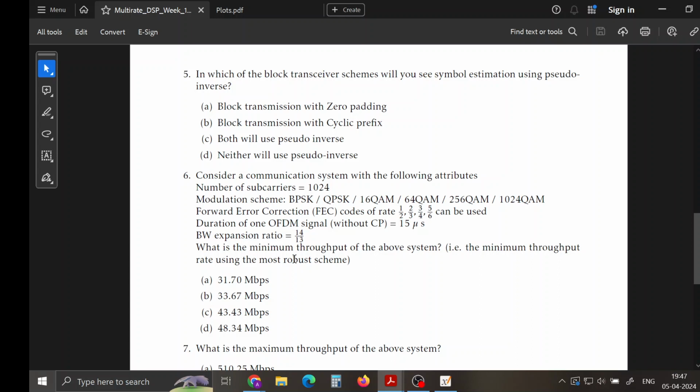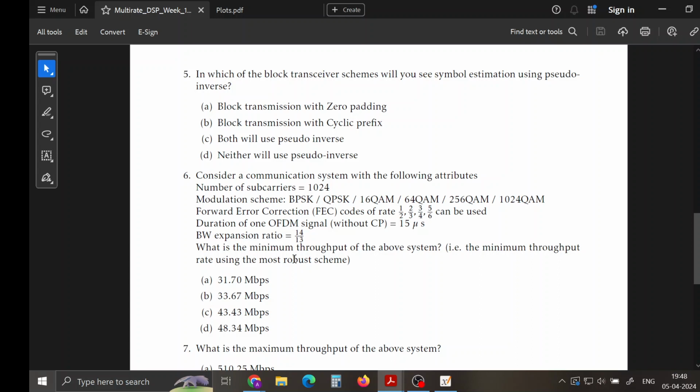So you remember that ratio, capital N by capital M. Capital N is basically capital M plus mu, and the ratio of capital N to capital M is your bandwidth expansion ratio, because that's how you're expanding, by adding the redundancy, adding mu redundant symbols. So that is obviously greater than 1 because the numerator is greater than the denominator. So we have 14 by 13.